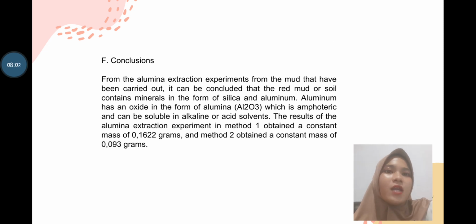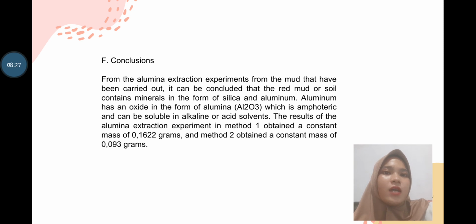Conclusion: from the alumina extraction experiment from the mud that has been carried out, it can be concluded that the red mud or soil contains minerals in the form of silica and aluminium. Aluminium has an oxide in the form of alumina, which is amphoteric and can be soluble in alkaline or acid solvents.